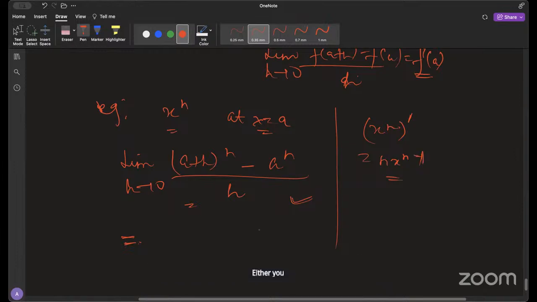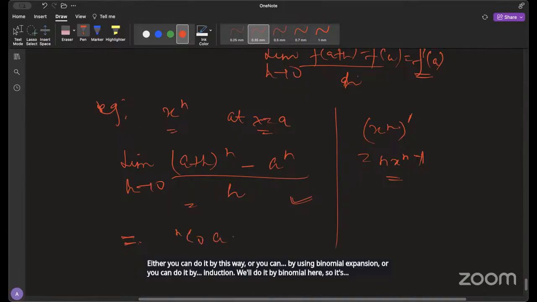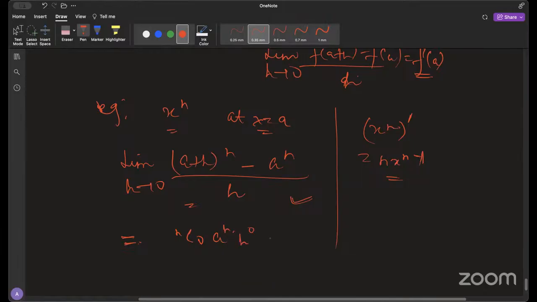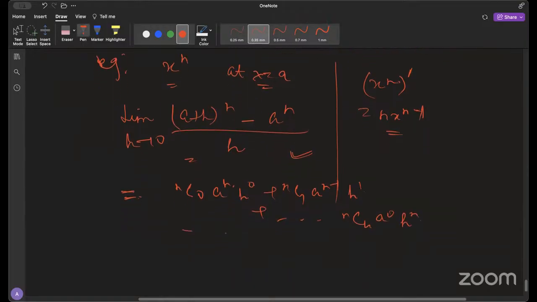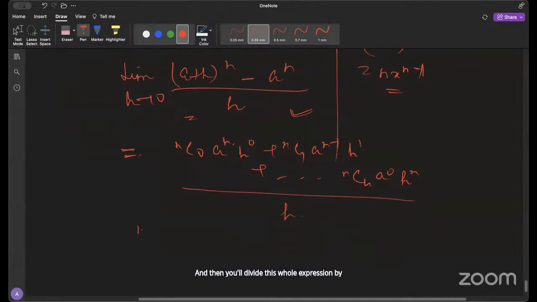Either you can do it this way, by using binomial expansion, or by induction. We'll do it by binomial here. So it's nC0 a to the power n h to the power 0 plus nC1 a to the power n minus 1 h to the power 1, and so on up to nCn, and then you'll divide this whole expression by h. We don't have an h here, so we'll get this, right?